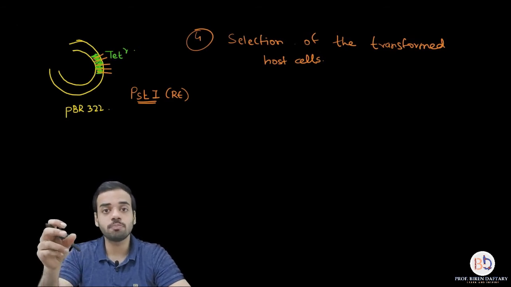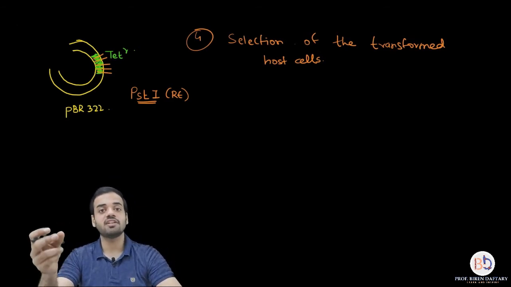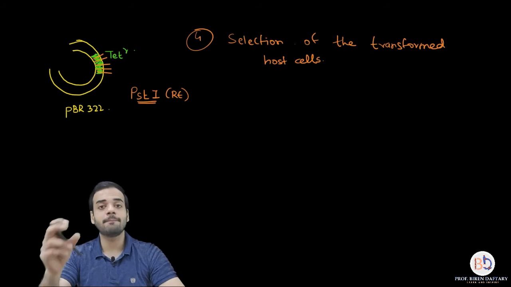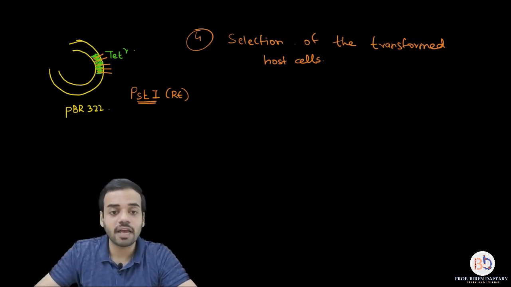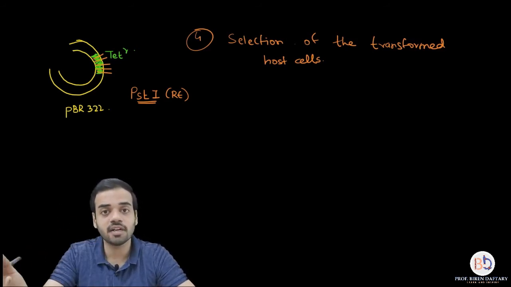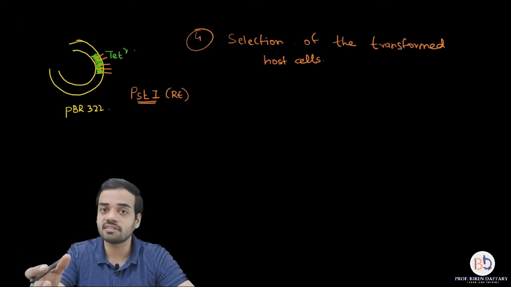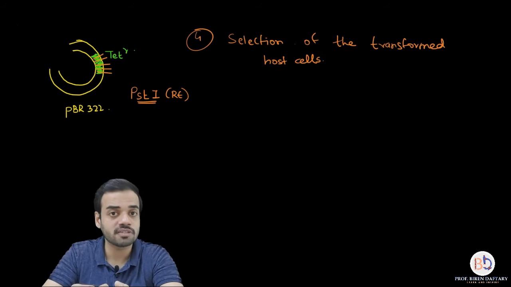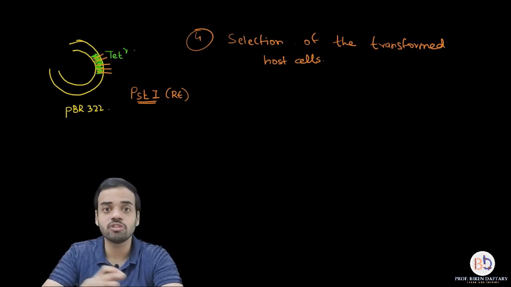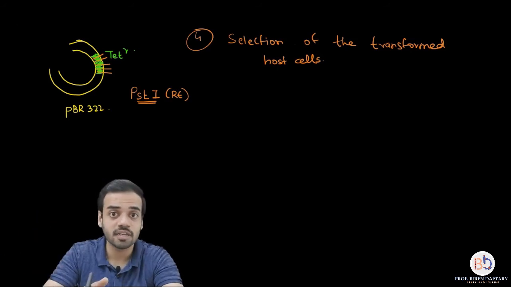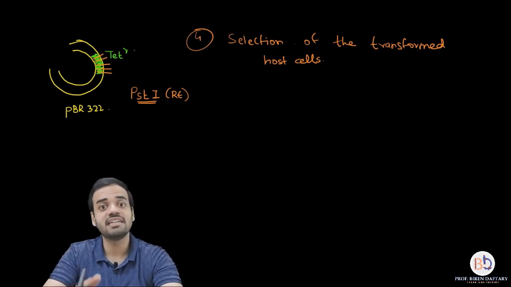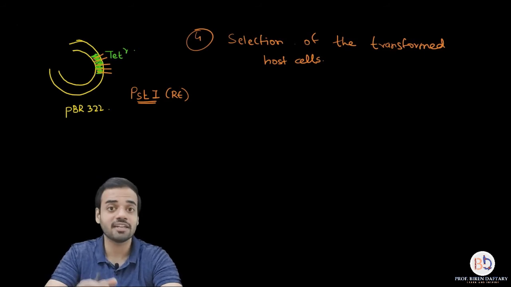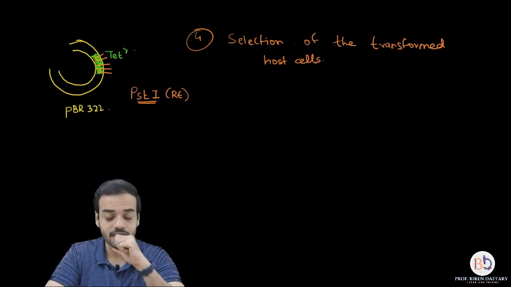We have used PST1. Suppose PST1 cuts the area of the ampicillin resistant gene. If that area has been cut, the ampicillin resistant gene is no longer present, so PBR322 is no longer resistant to ampicillin. That means ampicillin can kill this plasmid, and if this plasmid is inside the bacteria, that bacteria can also be killed by ampicillin.